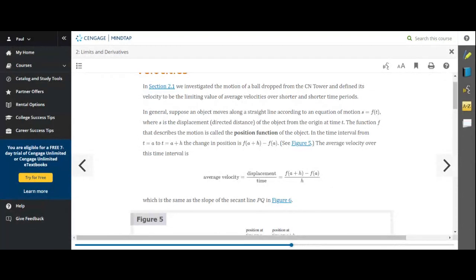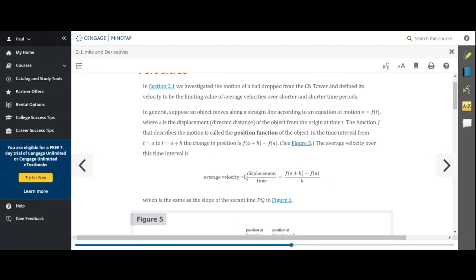If you think about the problem we just did, we had f of 2 plus h minus f of 2 all divided by h, and we let h go to 0. But that was the derivative.